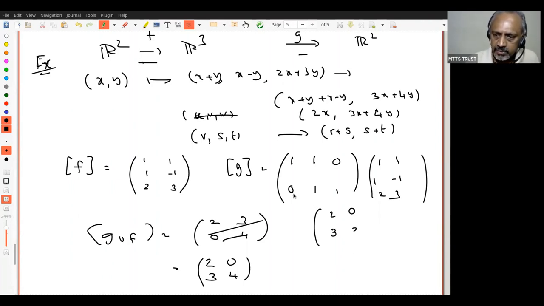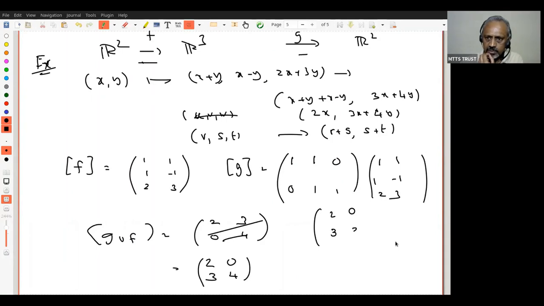Now let's do that. So second row is what I have to look at. Second row by second column will be 0 times 0, 1 times minus 1 will be minus 1. I get a 2 here, whereas I should get a 4. So there is something wrong I have done. I think 1 and minus 1 I might have changed.